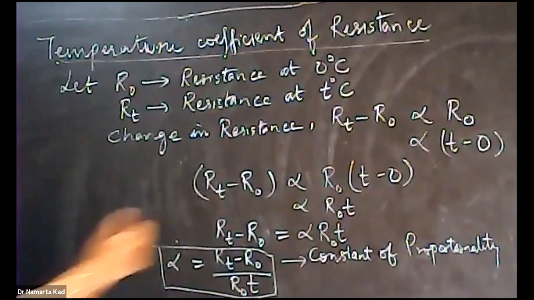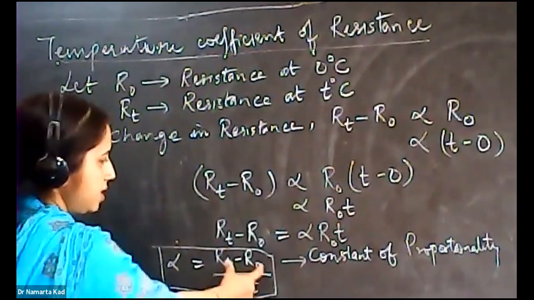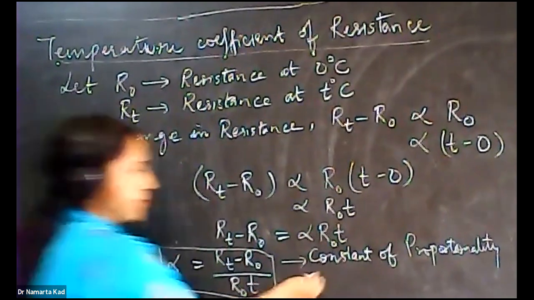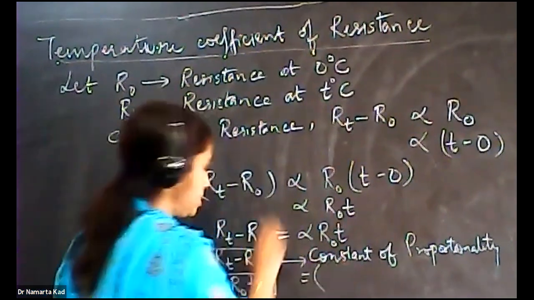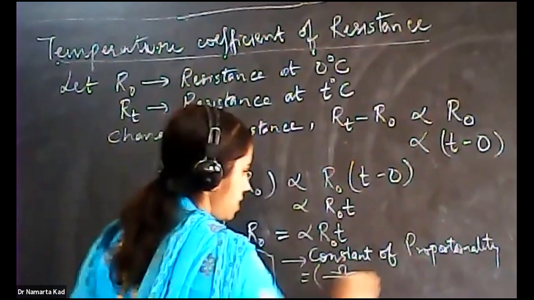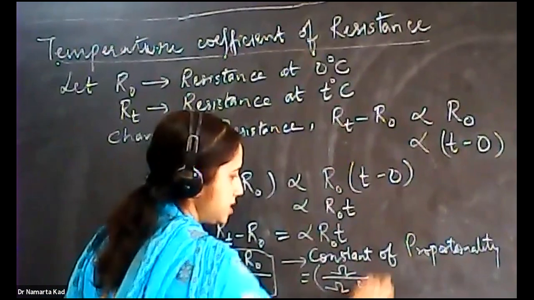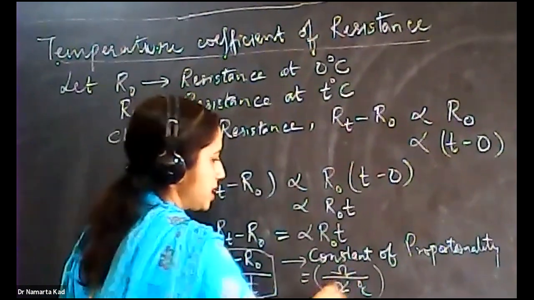And the units for alpha comes out to be, the unit for numerator is ohms, the unit for denominator, क्या इसके units क्या आ जाएंगे? It comes out to be ohms divided by ohms and degree C. Okay, ohms cancel out हो जाएगा.